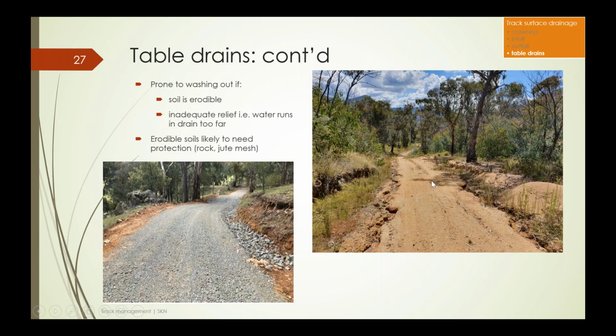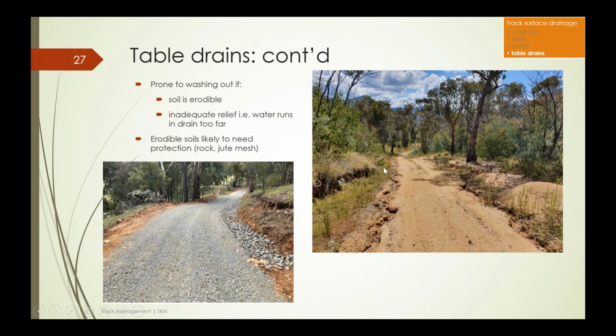In a case like this on the right side, typically the problem occurs because of inadequate relief drainage. Basically the water is running too far down the table drain before it can get out. These distances are specified in the code and they're aimed at providing protection to the table drain by relieving the load in enough situations so that it doesn't cause scouring.